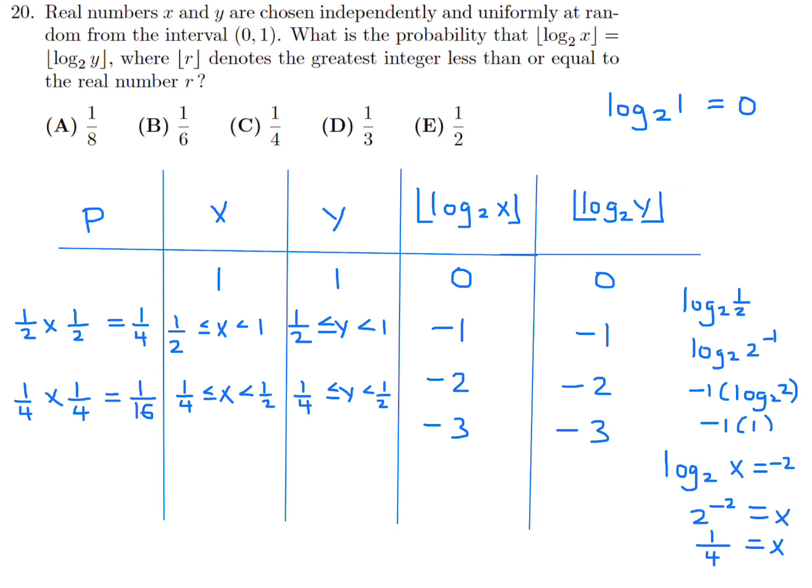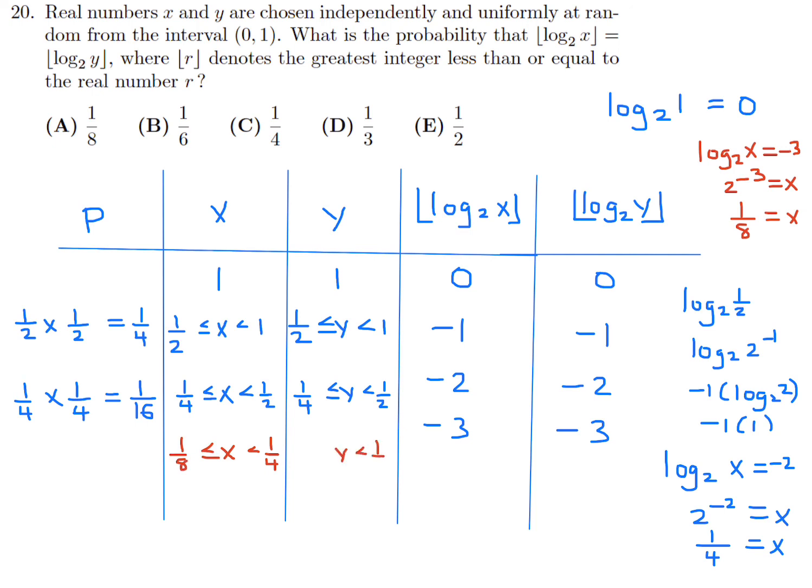That's when we have -3. So log of x to the base 2 is -3. So that means 2 to the -3 is x. And therefore x is 1 over 8. So that means x has got to be less than a quarter, but it's got to be greater than or equal to 1/8.